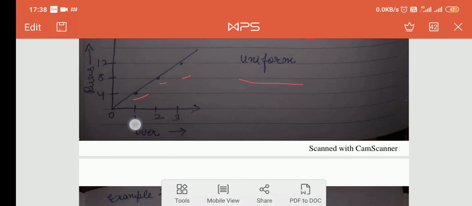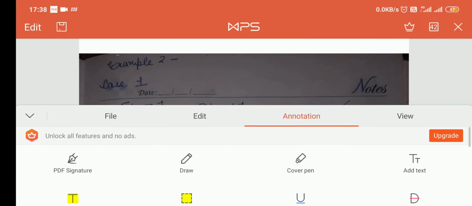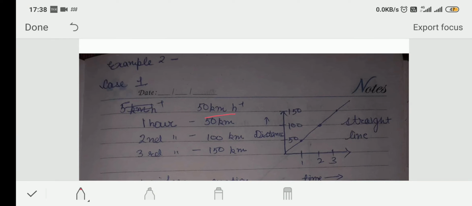Take another example in which you are going to Jaipur from Panipat. In the first hour, you cover 50 kilometers, as you can see here. In the second hour 100.